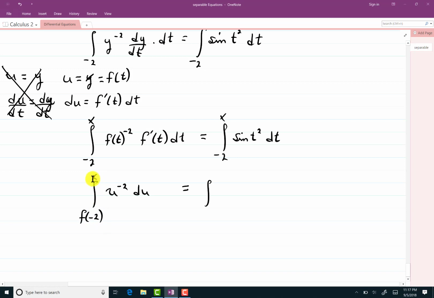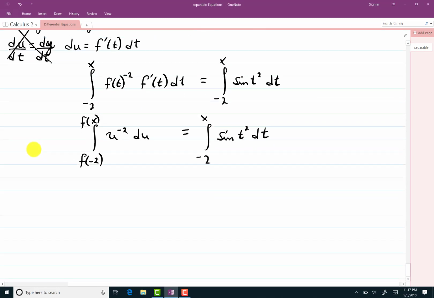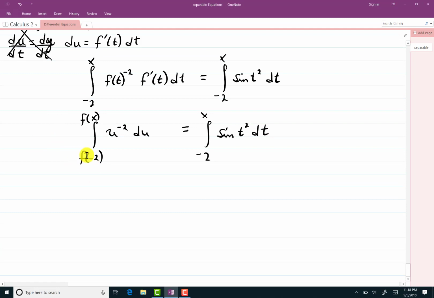And when t is equal to x, this is an f of x. Actually, I know that f of negative 2, since f is the same as y, equals 1/3. So I'm going to do one last thing: the integral from 1/3 to f of x of u to the negative 2 du equals the integral from negative 2 to x of sine t squared dt.